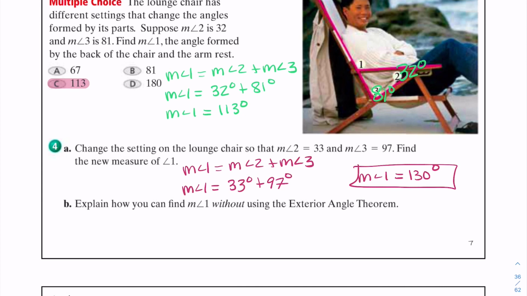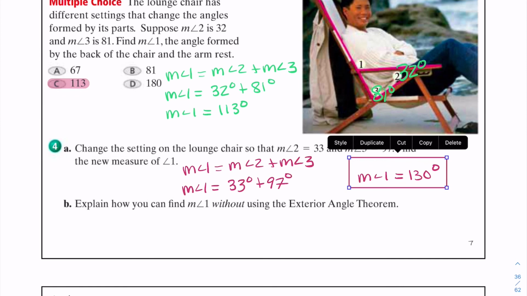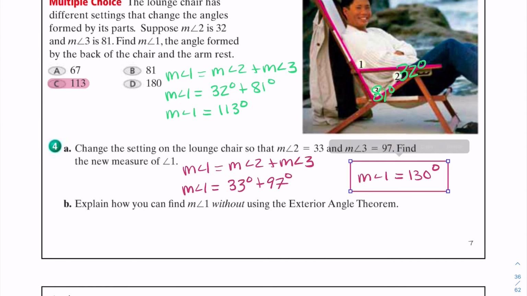And the last part: explain how you can find the measure of angle 1 without using the exterior angle theorem.